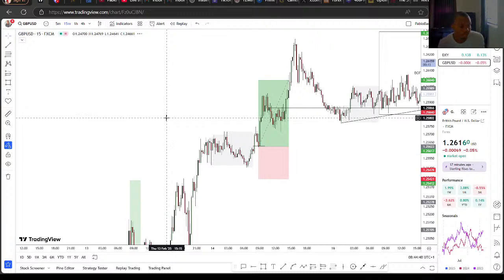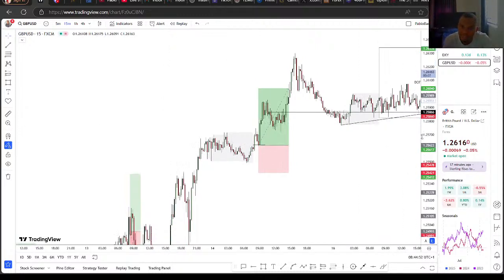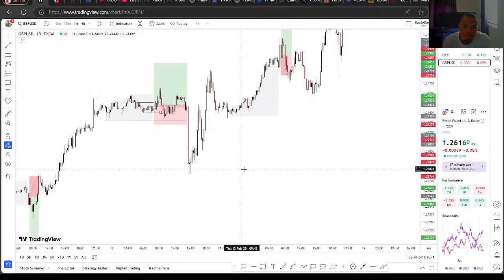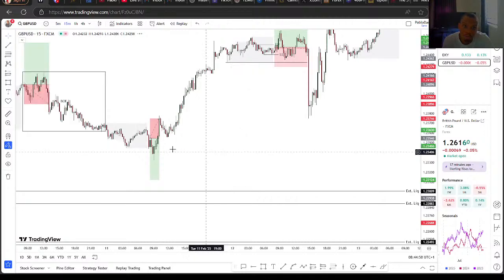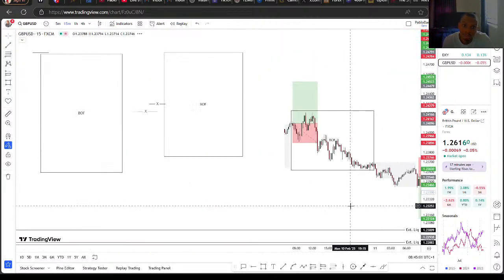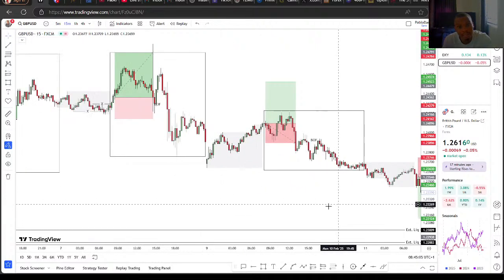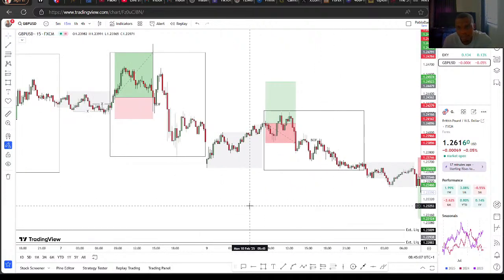So let me use this as an example. Yesterday I was doing some reviews about my losses, the kind of miserable losses that I took, the ones that I shouldn't have taken at all. I was like, okay, what's our pattern of trading? London Open, break of structure, you take a trade, right?